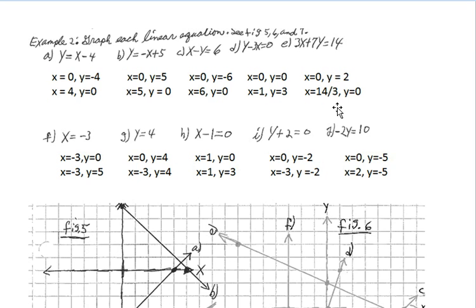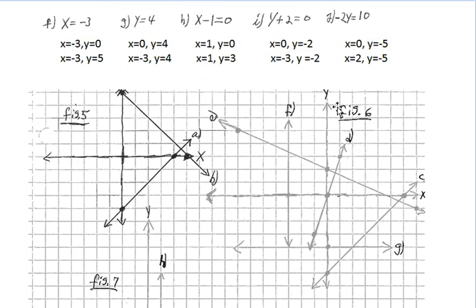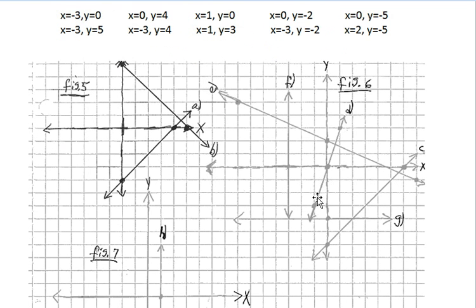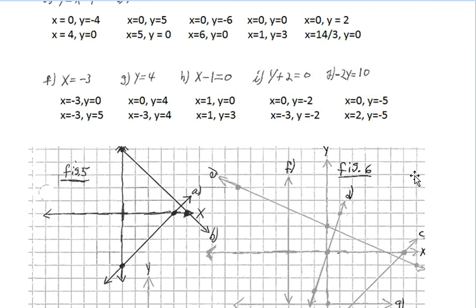To get the x-intercept, we'll assign y a value of 0, and we get x equal to 14 over 3. So we have those 2 points, and then we'll go to the graph, which is E, and you can see the line that we discern from those points, line E.